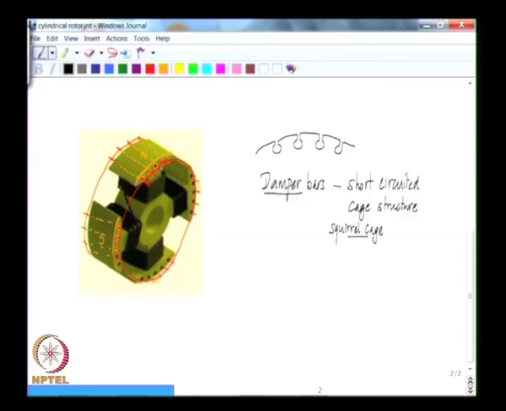So whenever the speed goes away from synchronous speed, these damper bars act very much like the squirrel cage of an induction machine. In the squirrel cage of an induction machine, EMF can be induced only when the speed is different from the synchronous speed, and that is exactly what is happening here.